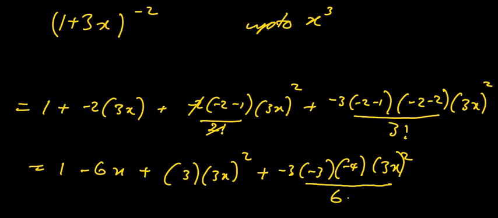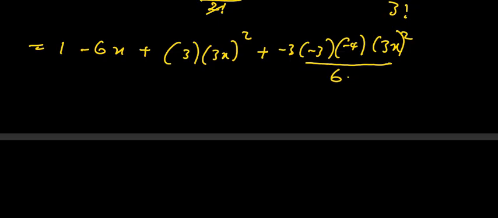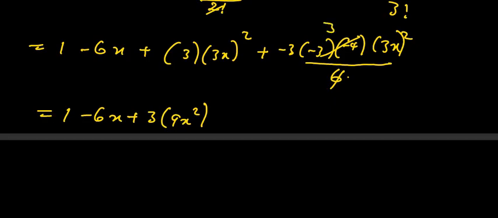Now we start expanding this. This is equal to 1 minus 6x. This is 3, then this is 9x squared. Then this is simply a 6 there, so 6 and a 12, that's going to be a 3. This is going to be a negative 9.